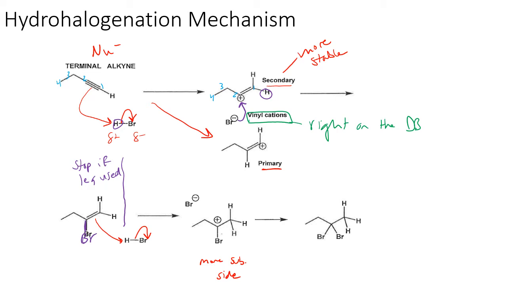And then our bromide anion would attack that carbocation directly, and we would end up with 2 bromo groups coming off the same carbon, or 2 halogen groups, depending upon what hydrogen halide you're using in the reaction. And so this ends up on the most substituted side, which was carbon 2 in this case. Notice that there's 3 protons on carbon 1 because we started with a terminal alkyne. If it was not terminal, then there wouldn't necessarily be 3 protons there, but 2 would have been added due to the mechanism.